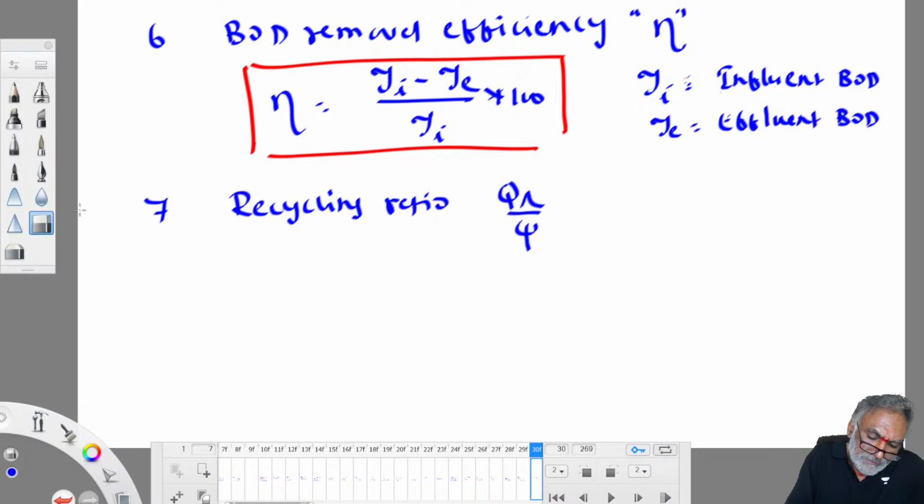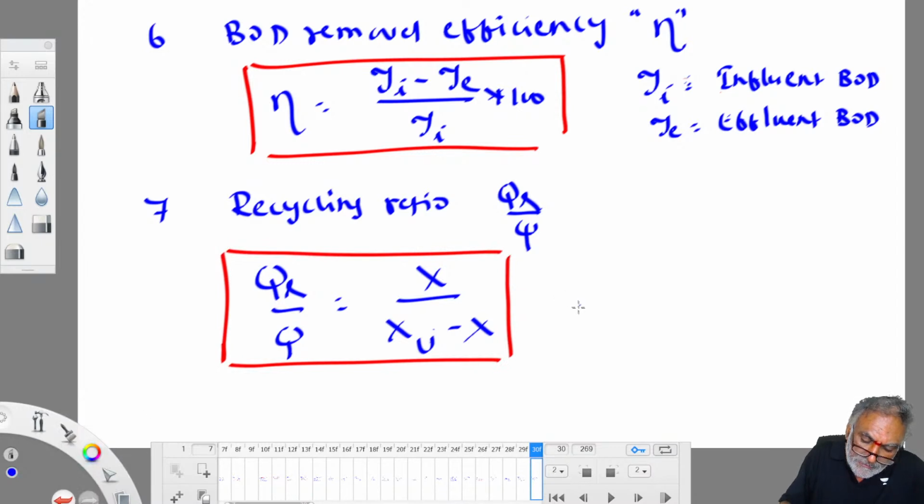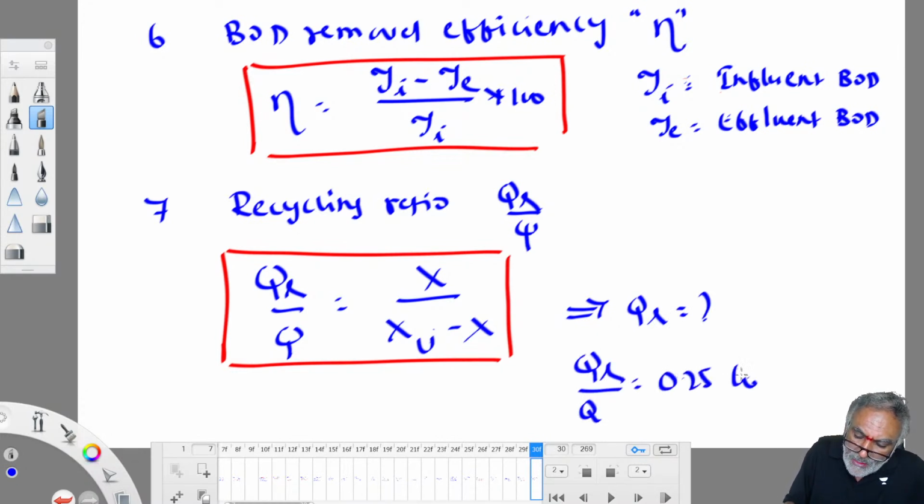This is QR by Q. So this QR by Q is given as X by XU minus X. From this you can also work out QR. Normally this QR by Q ratio we provide anywhere between 0.25 to 0.5.